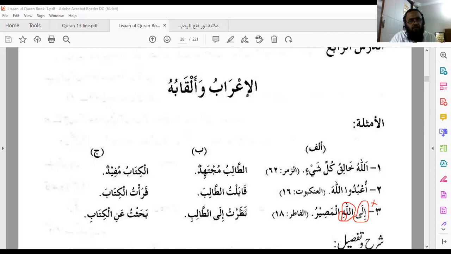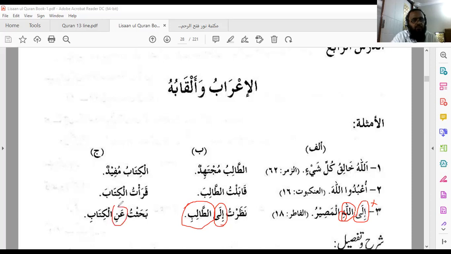Likewise, nazartu ila talibi. You can see this harf ila that has been used before the word talibi. Because of ila, the condition is changed and at-talibi is having jar and at-talib is majroor. Then bahastu anil kitabi.